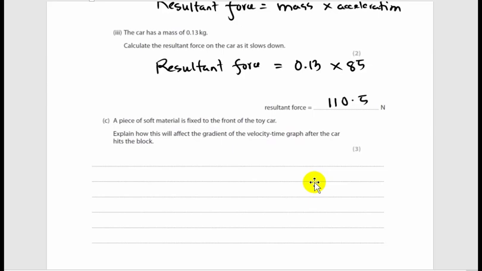Sorry, the answer is 11.05 Newton. So 11 Newton.